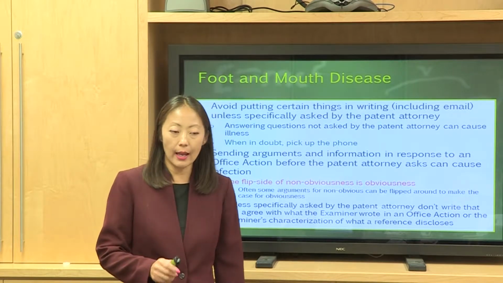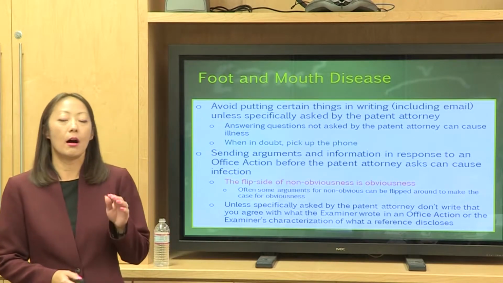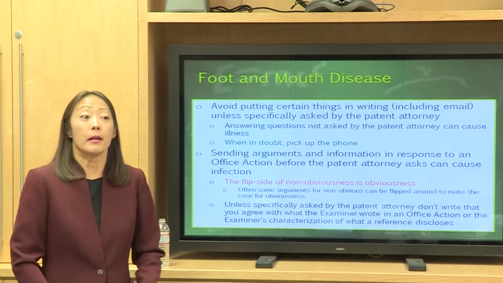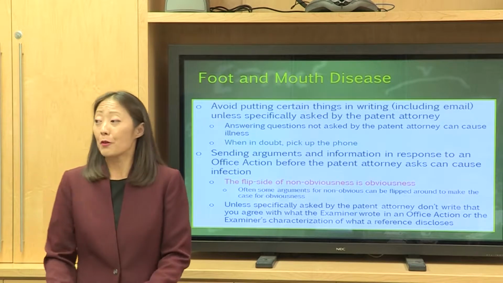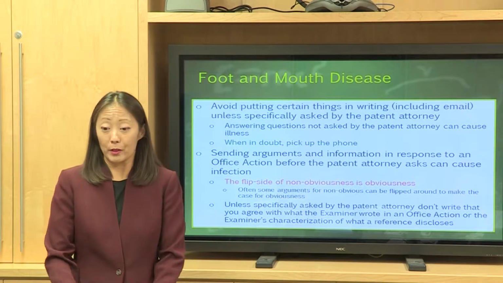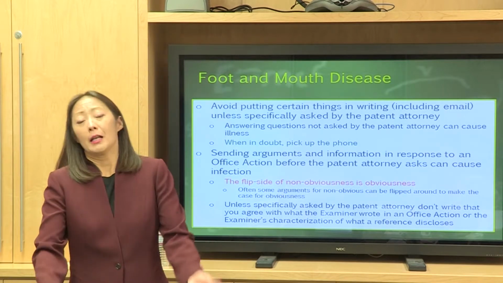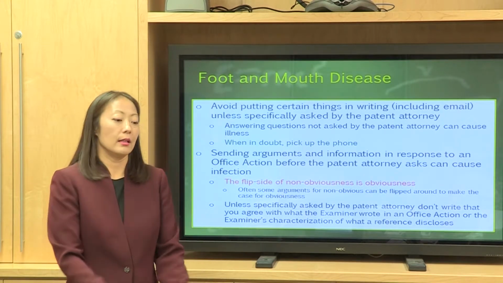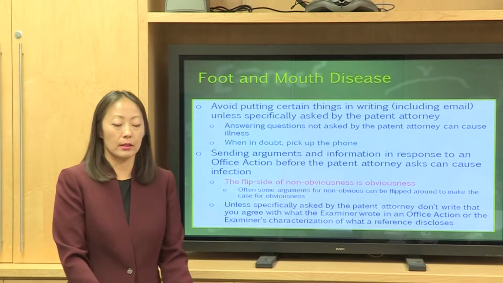unless specifically asked by your patent attorney. Often I find inventors want to be helpful, they want to be involved, and we have an office action where the examiner is saying this is obvious and giving the reasons why the examiner thinks so.